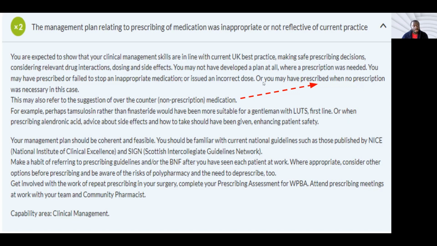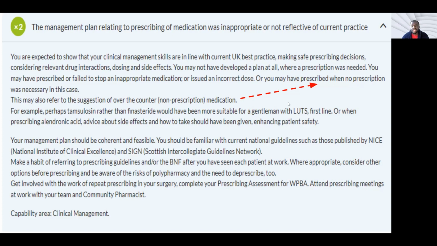So here it says, let me start from here. You may not have developed a plan at all where a prescription was needed. You may have prescribed or failed to stop an inappropriate medication or issued an incorrect dose.